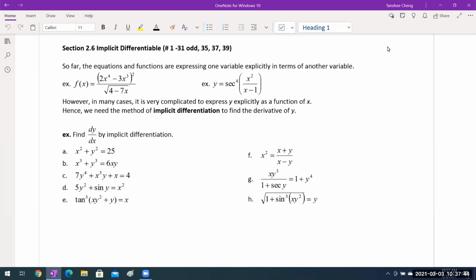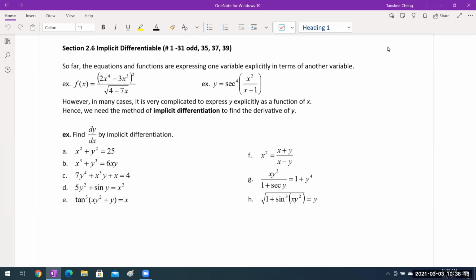But in many equations, we cannot rewrite it explicitly. So we need a technique to take derivatives for those equations, and we call it implicit differentiation.